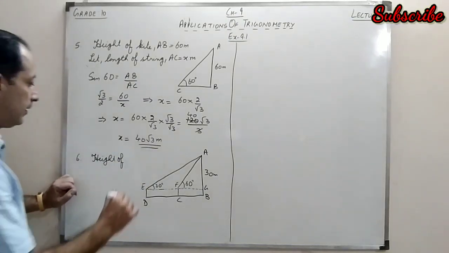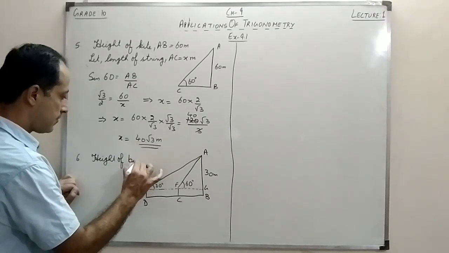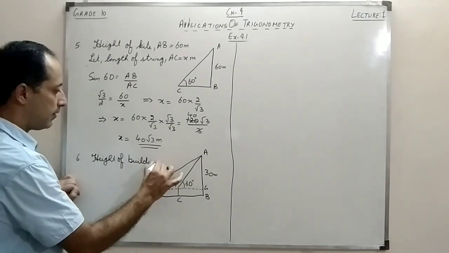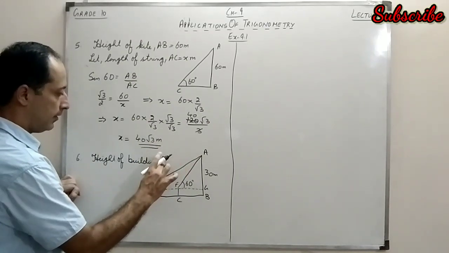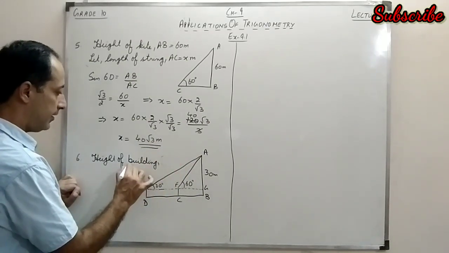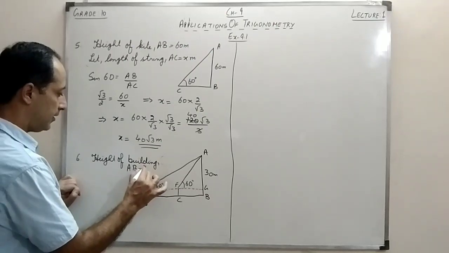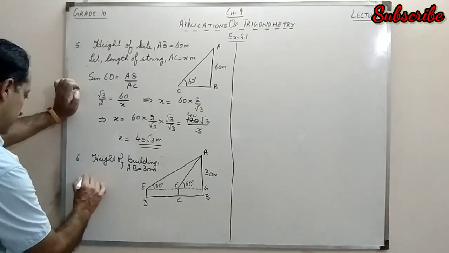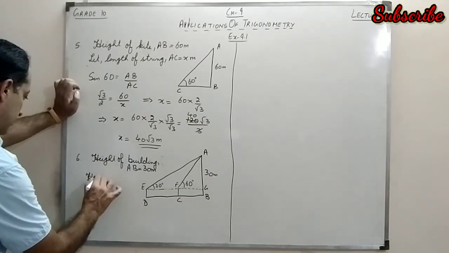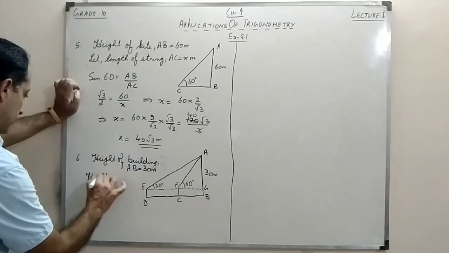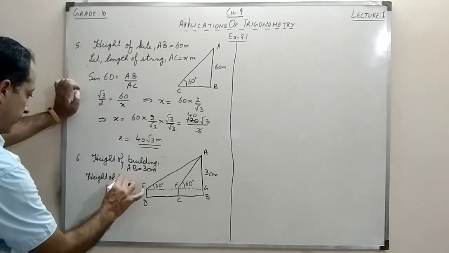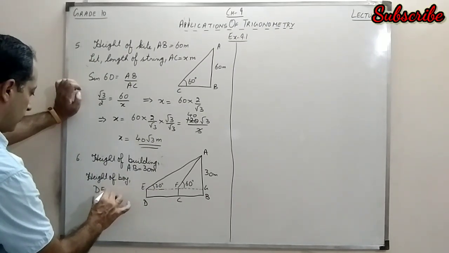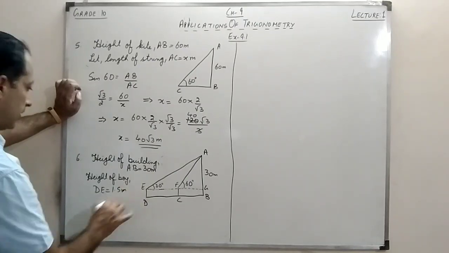So the height of the building, AB, equals 30 meters, and the height of the boy, DE, equals 1.5 meters.